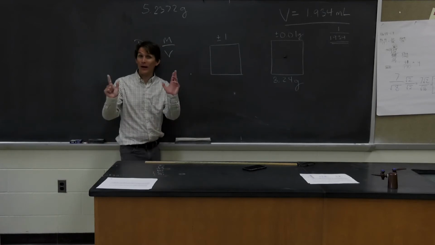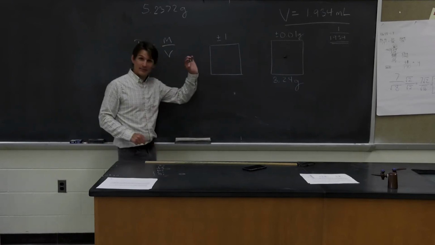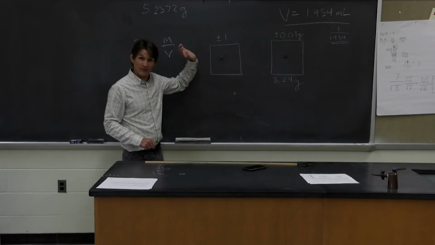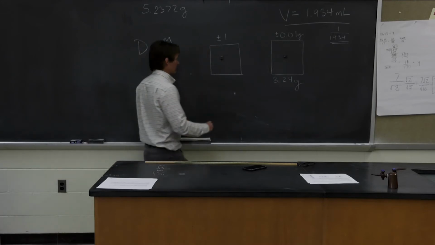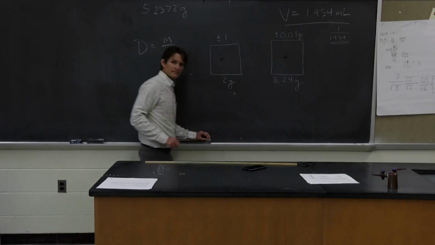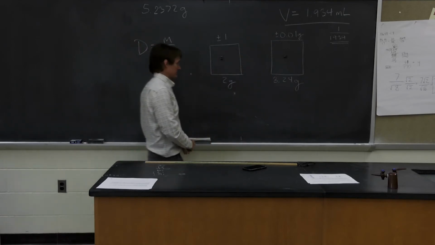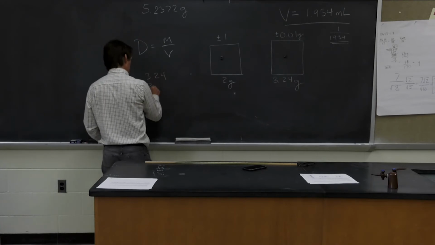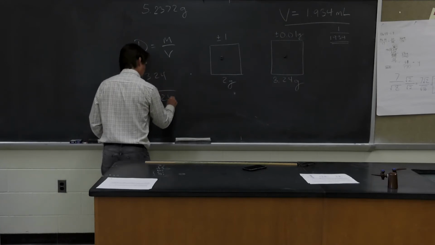Then they say, oh wait, I forgot to measure the other part, and they decide to put it on this balance. And this comes out to 2 grams. And then they add them together. Well, okay, we know how that works. 3.24 plus 2, that should be 5.24 grams, shouldn't it?